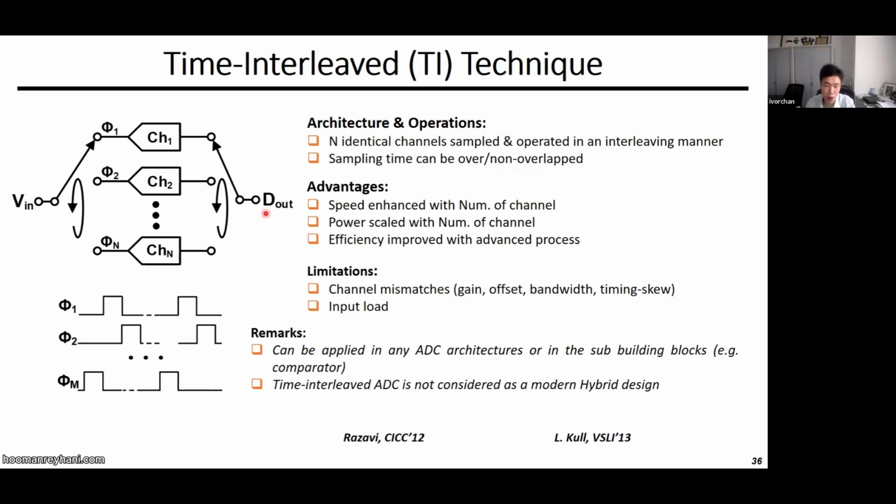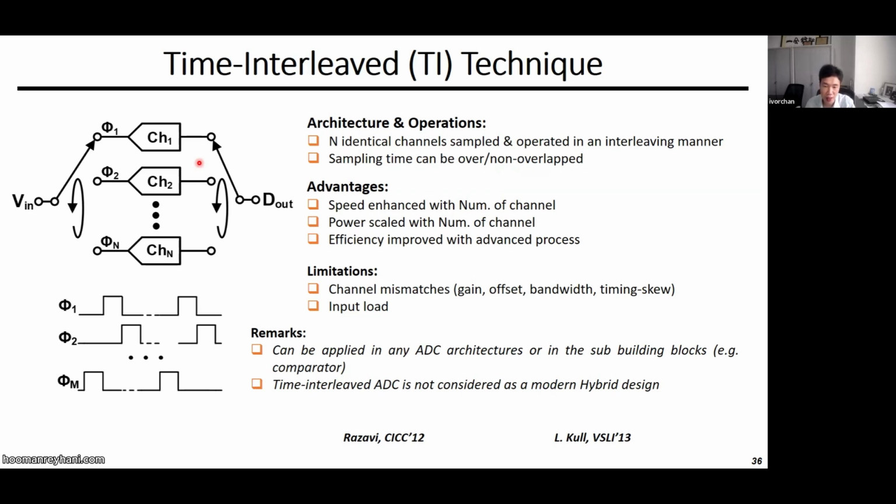There are also some advantages of this interleave architecture. Obviously, this is very high speed because the speed is increased proportionally with the interleaved channels. The other is the power is very scalable because each channel is identical, and when you increase the speed, the power is also increased just proportionally.